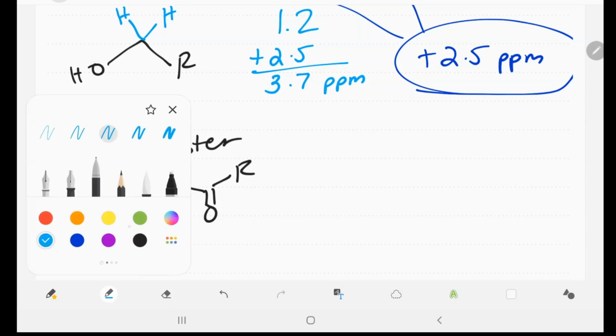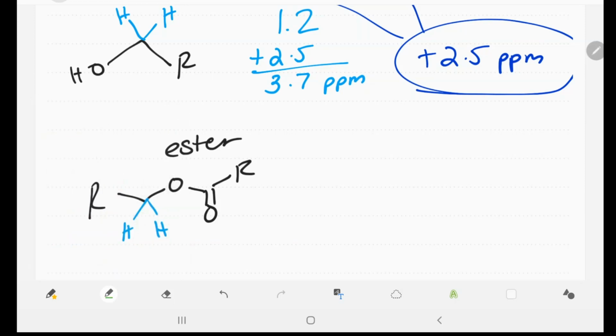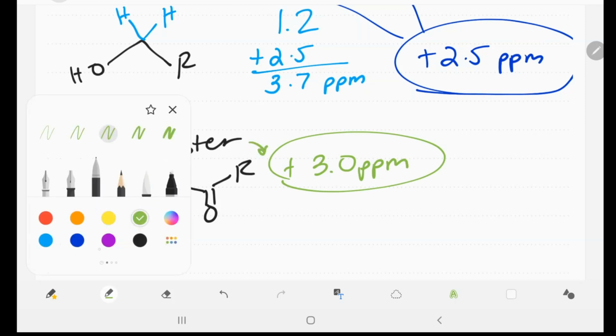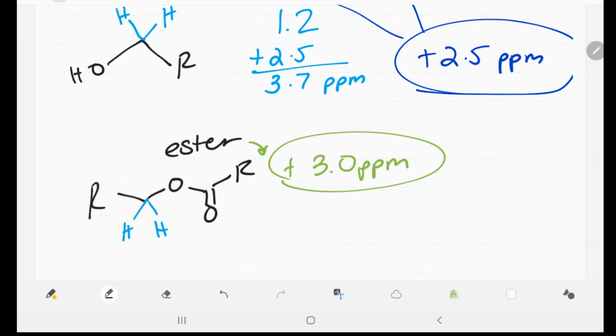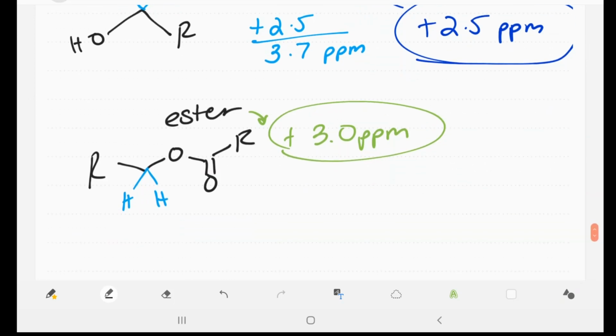This is going to make it a lot easier for us. Next to an ester will give you plus 3 for an ester. So these are our predictions, right? We're going to see that we can combine all these things.